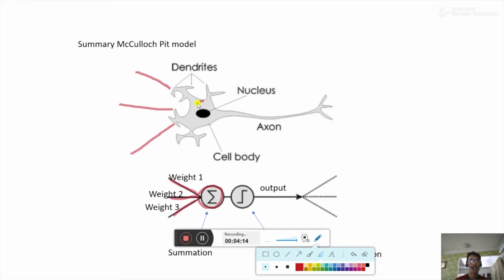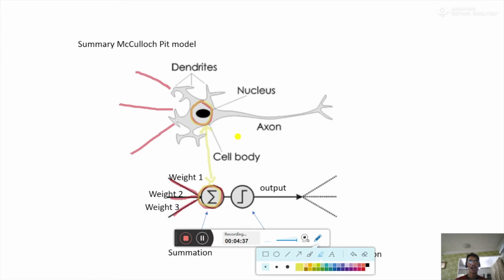The yellow one and this one are the same. They're going to sum up all together.